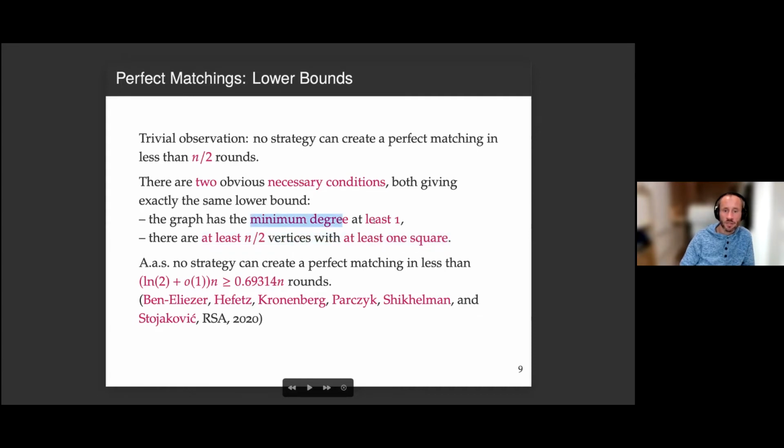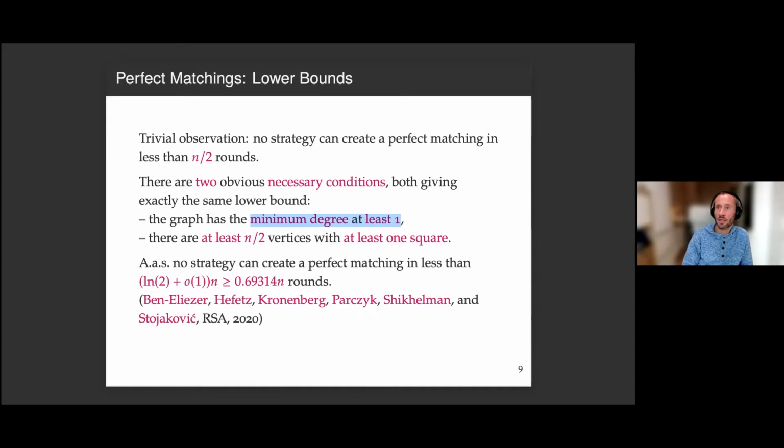I guess this one is harder, perhaps, right? I don't know, unless I'm missing something. This one is slightly harder because, if I tell you to create a graph, or in other words, kill all the isolated vertices in your graph, then of course you know what to do. You need to jump, and each time you destroy one isolated vertex. But of course, sometimes you destroy an isolated vertex, and then the square lands on that vertex.